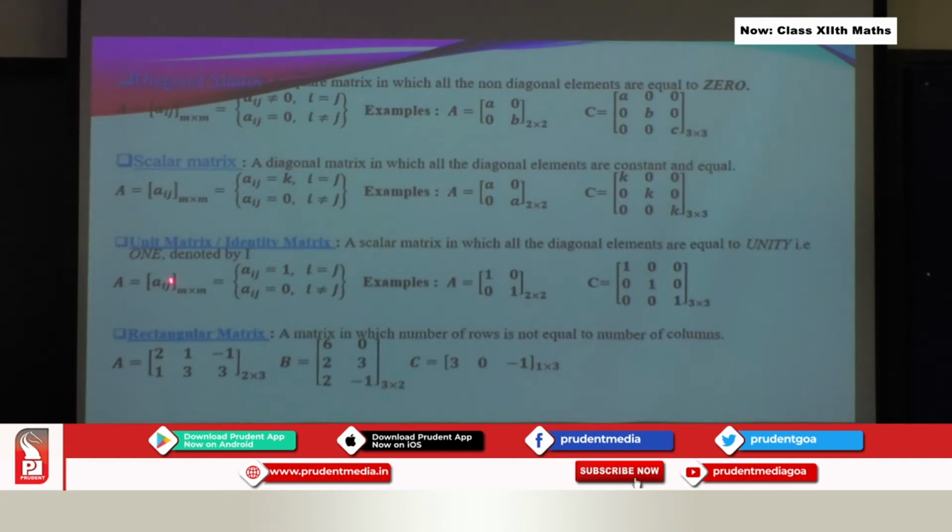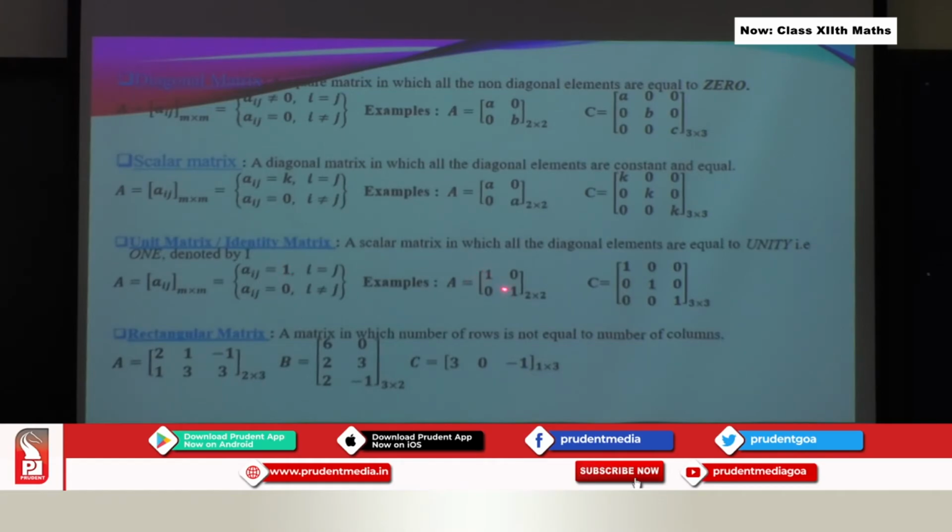Let us proceed further. Unit matrix, or it is also called an identity matrix. Now what does it mean? A scalar matrix in which all the diagonal elements are equal to unity. What does it mean? Unity means 1. The diagonal entry is supposed to be 1.